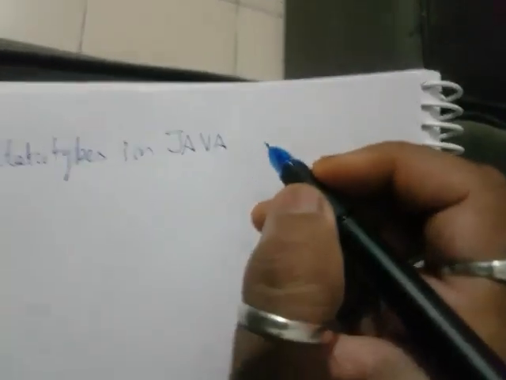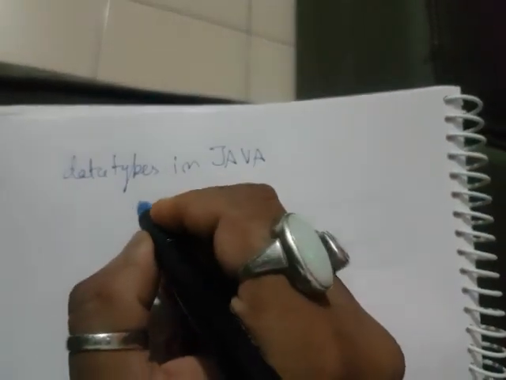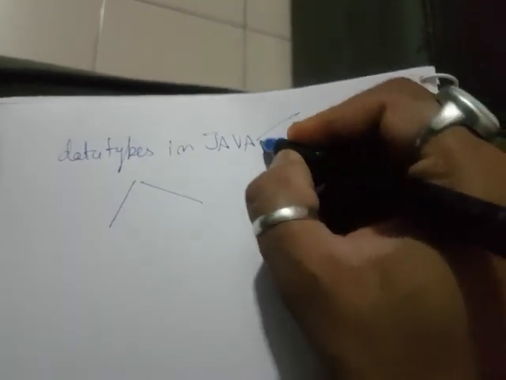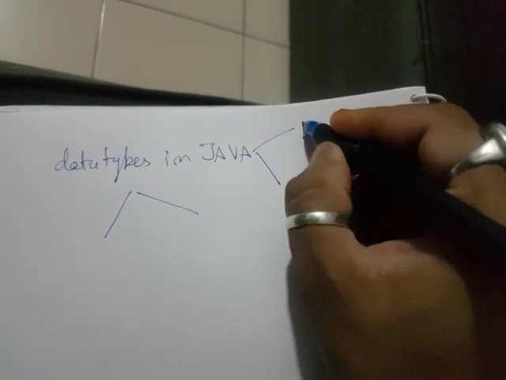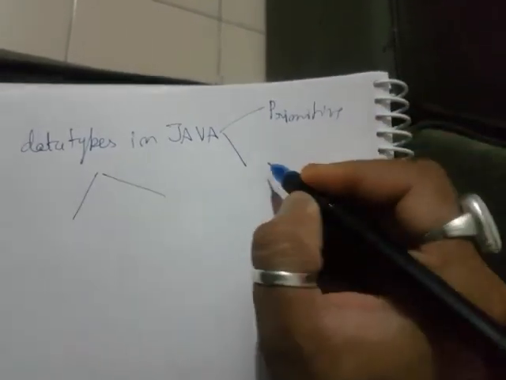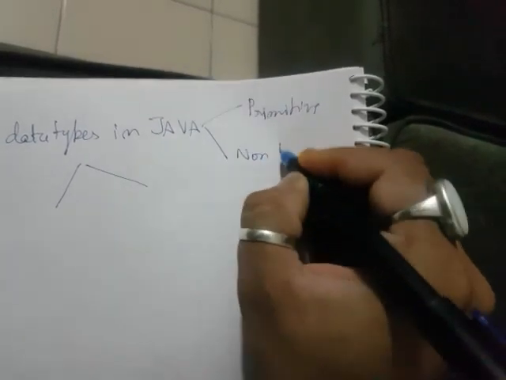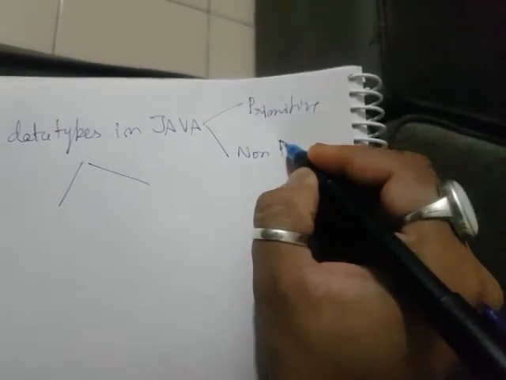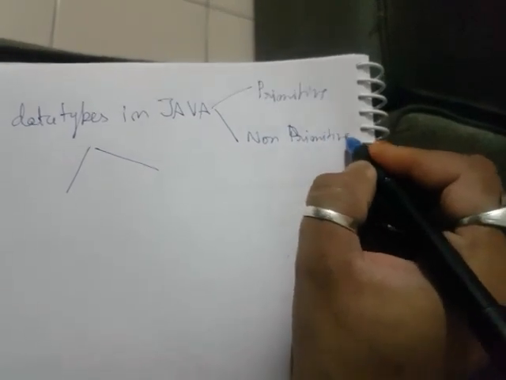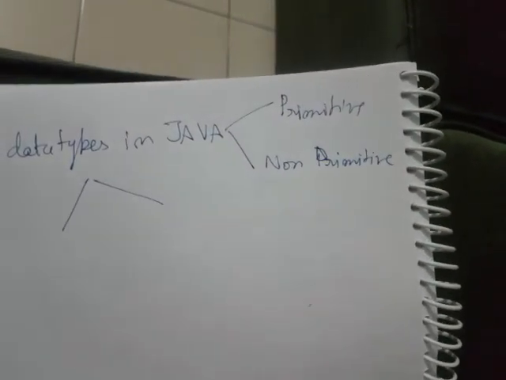So students, when we talk about the data types in Java, we have got two types, primitive and non-primitive data types.